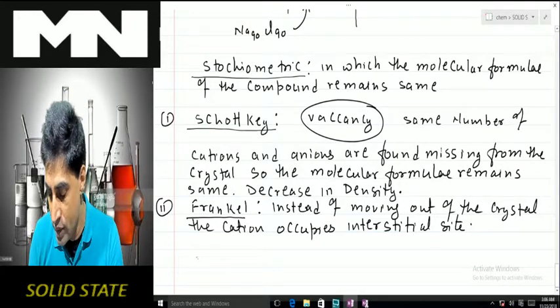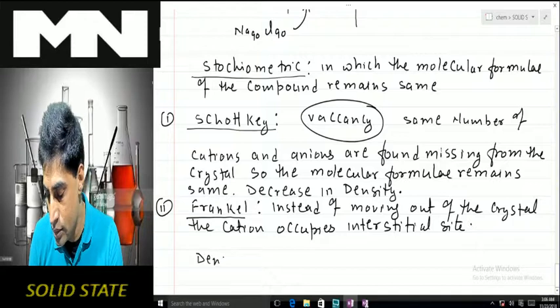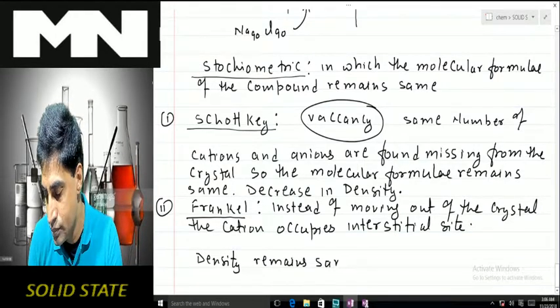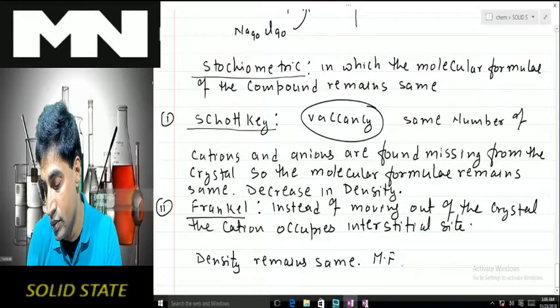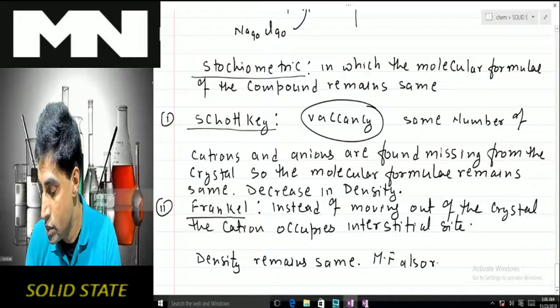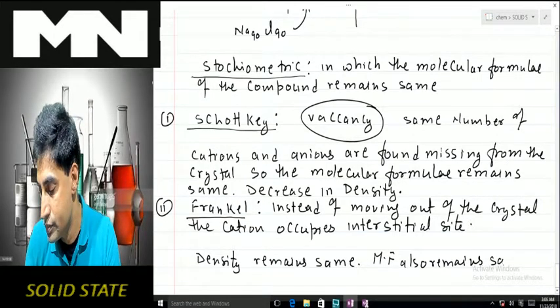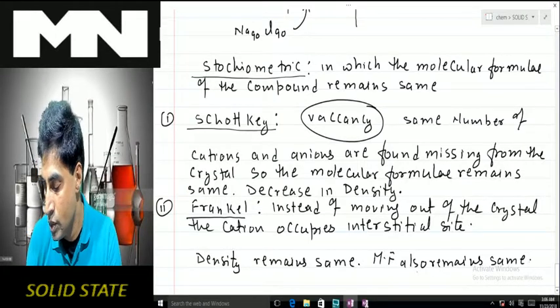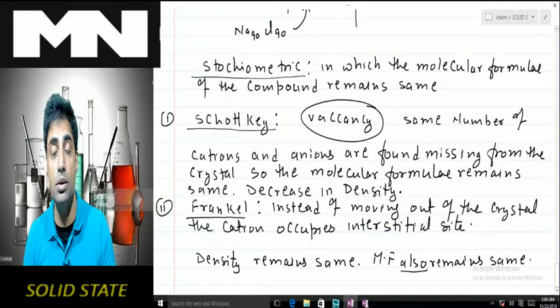That's why density remains same, and the molecular formula of the compound also remains same.